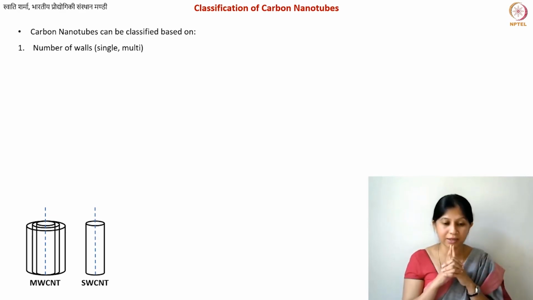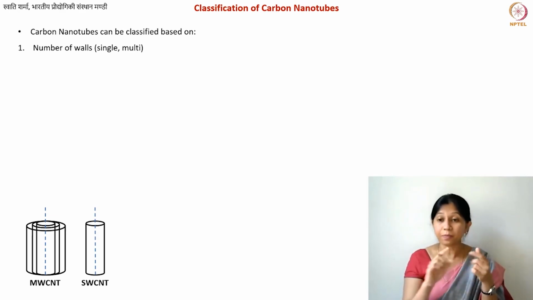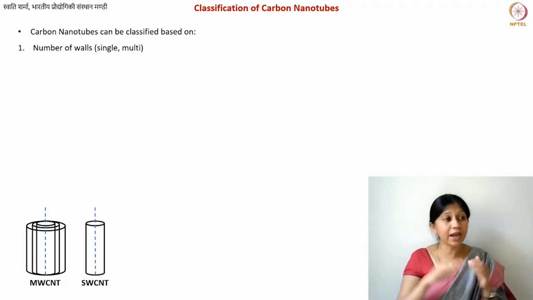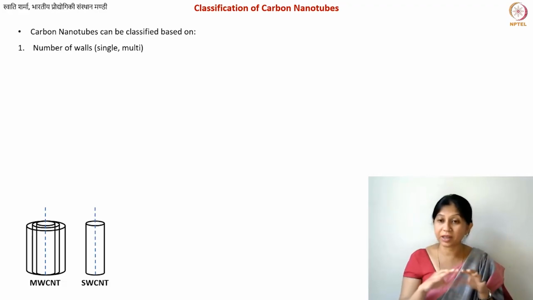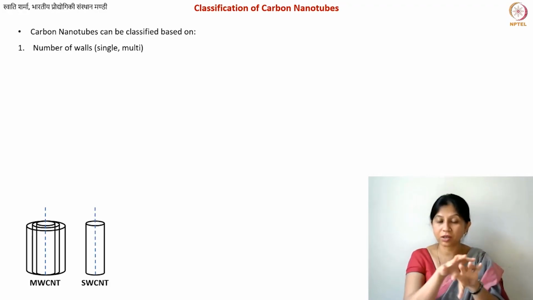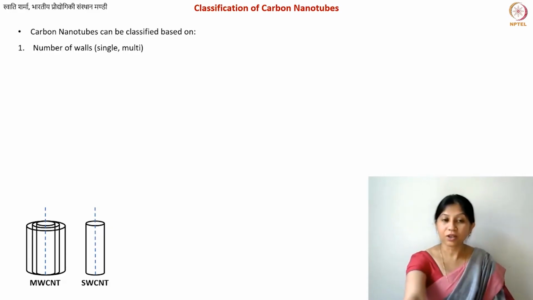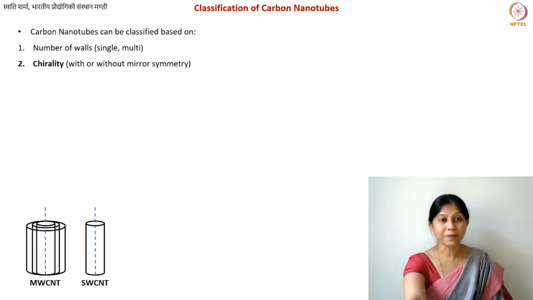Yes, one important thing is that these multiple cylinders, if you see a cross section, they are not ABABA type arranged. They are turbostratically arranged. There is no 3D crystal geometry. Also because it is a carbon structure, it is difficult for such structures to have a 3D arrangement anyway. Okay. So this is one type of classification.